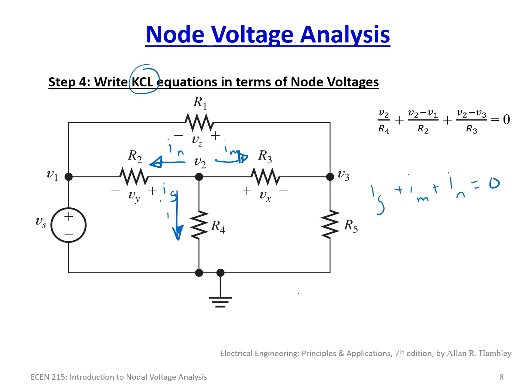We have to maintain that. IG is simply V2 over R4. IM, which is this component, and we can do this in any order, is going to be V2 minus V3 over R3. And then the other one is V2 minus V1 over R2. And all that must be equal to 0.